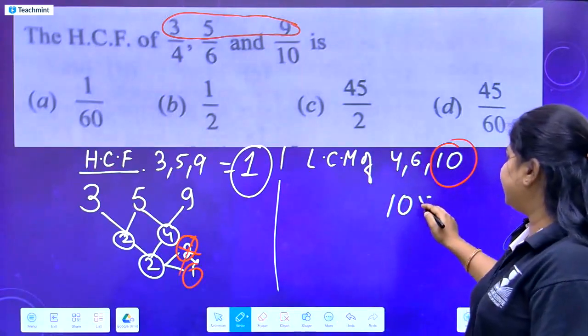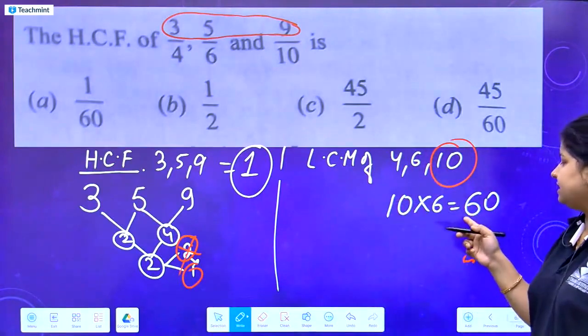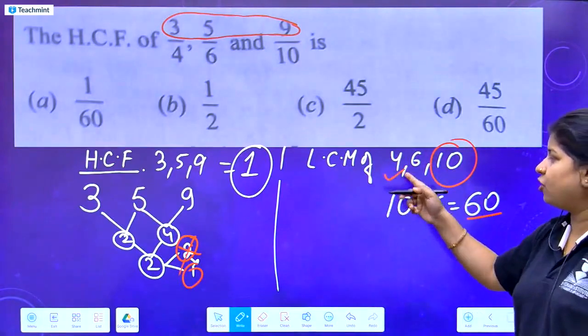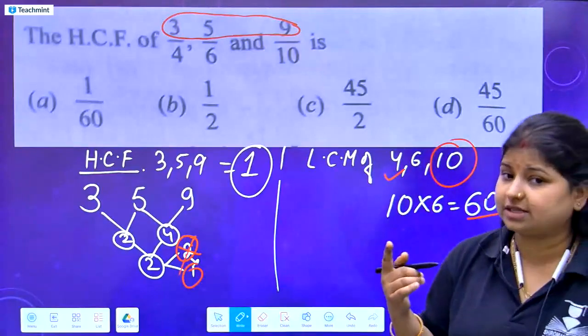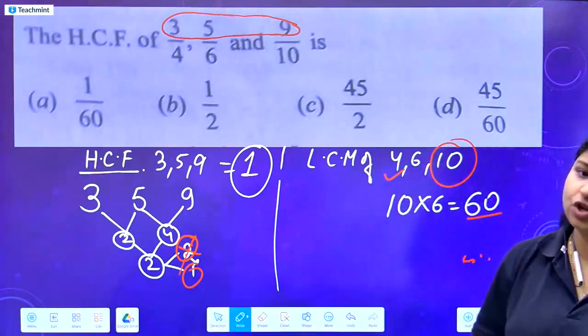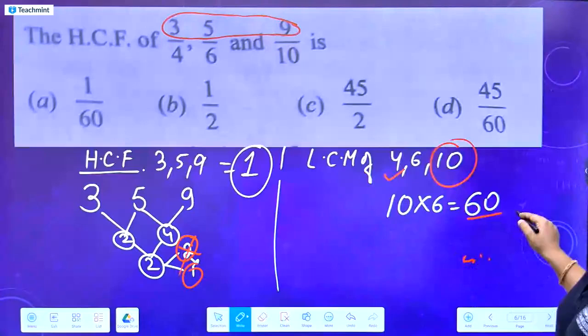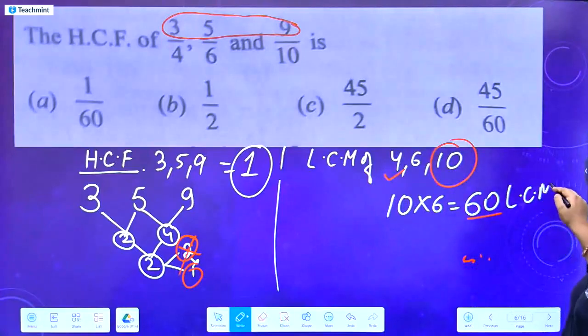So if I do 10 into 6, I get 60. This 60 is divisible by 4 also, because 15 into 4 is 60, and it is divisible by 6 also, because 6 into 10 is 60. That's why my LCM will be 60.